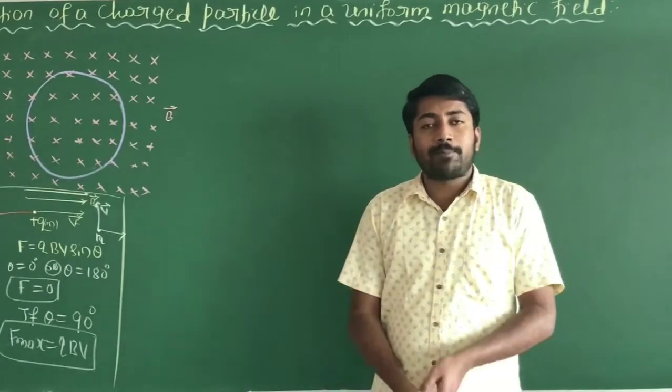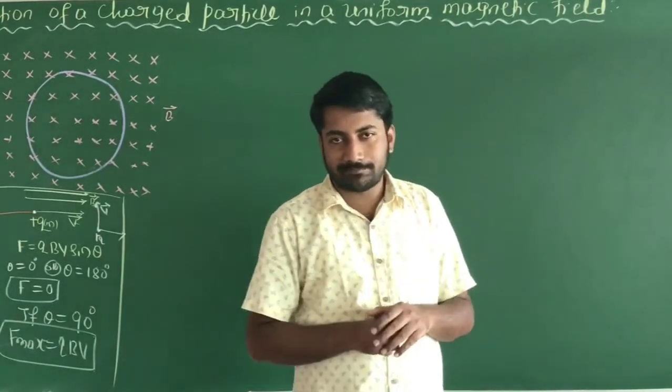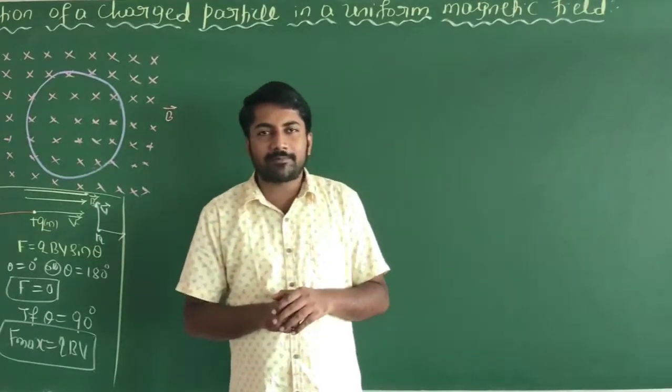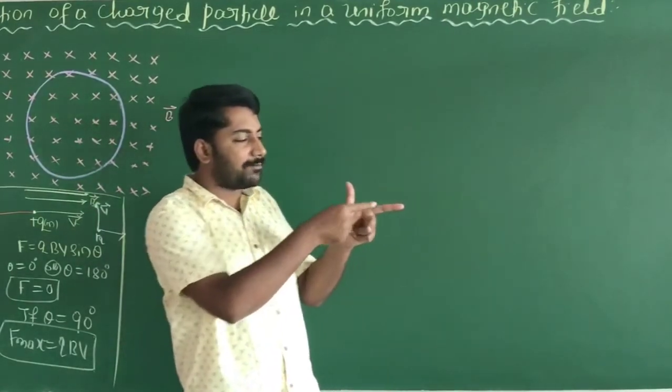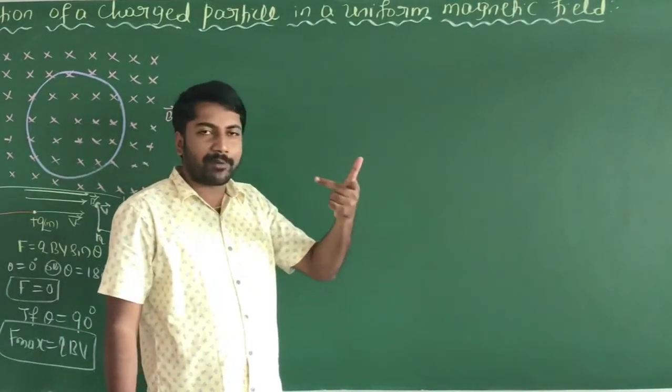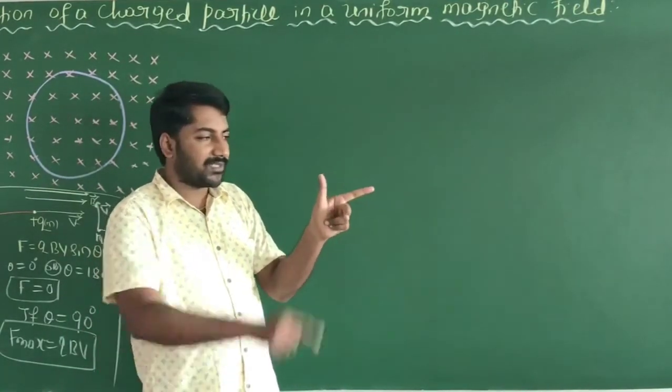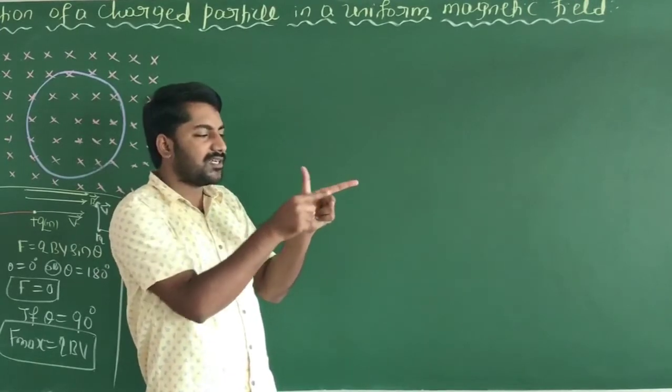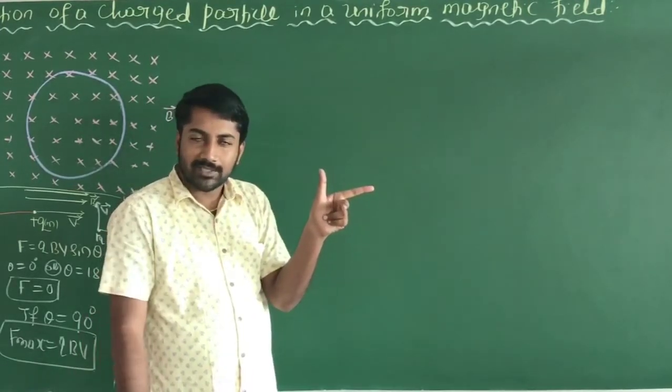According to Fleming's left-hand rule, the first three fingers of our left hand are stretched mutually perpendicular to each other: thumb, forefinger and middle finger.